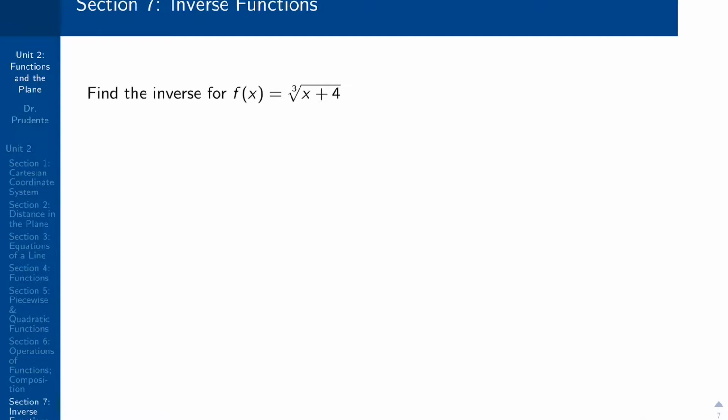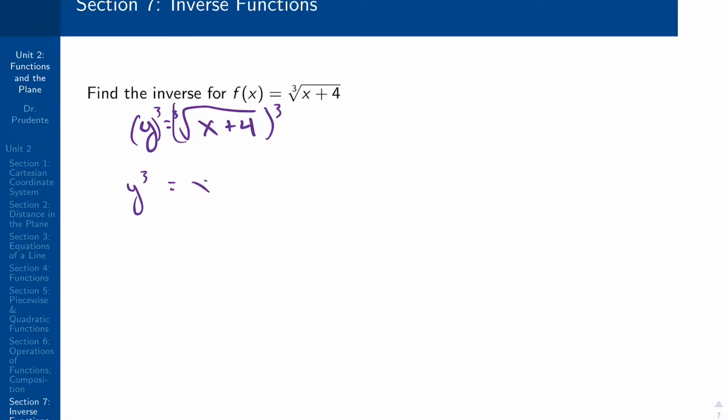And so let's do a quick example. If I want to find the inverse of this function, I will change my f of x to y. So y is equal to the cubed root of x plus 4. I'll solve for x. If I have a cubed root, the way I would solve for it is I would just cube both sides.